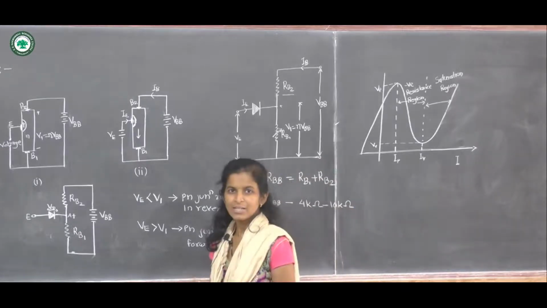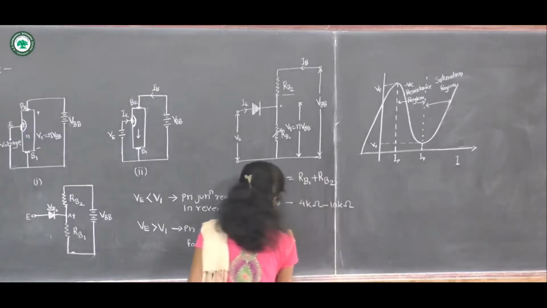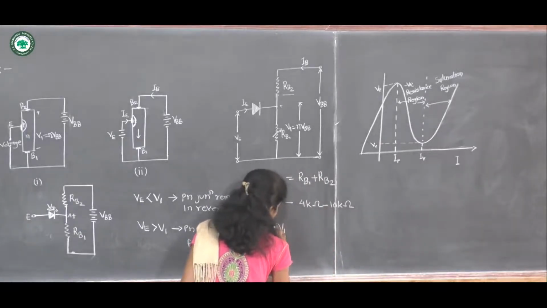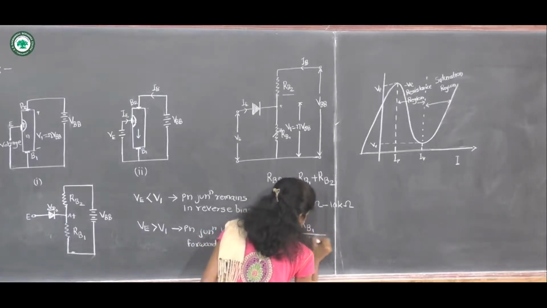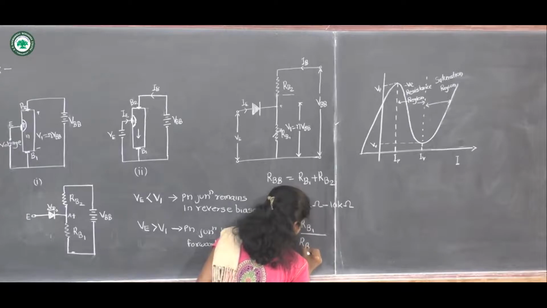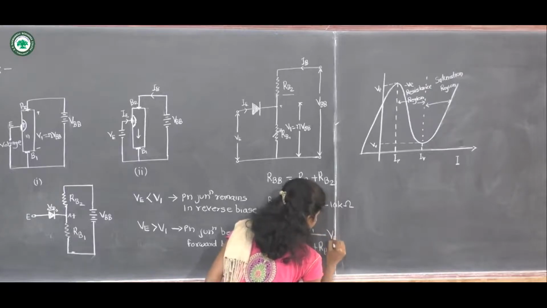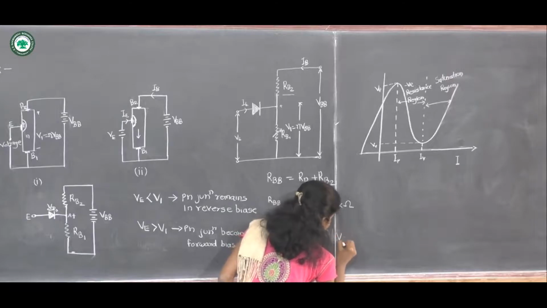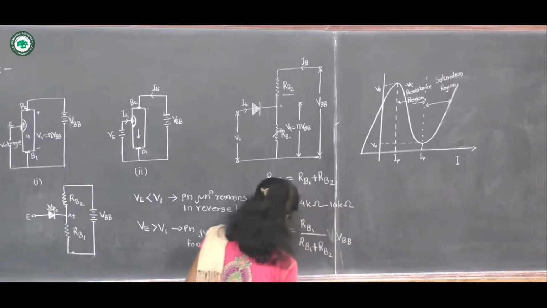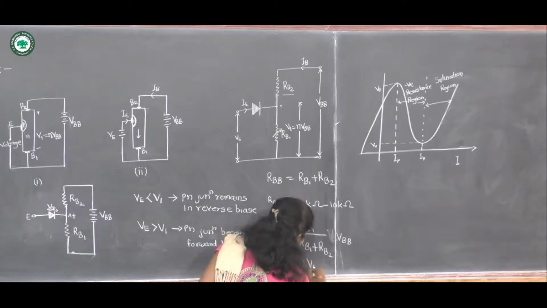Previously we have seen the potential drop across this RB1, which is given by V1 equal to RB1 upon RB1 plus RB2 into VBB, or this V1 is equal to eta VBB.